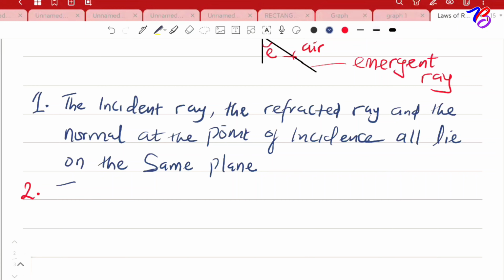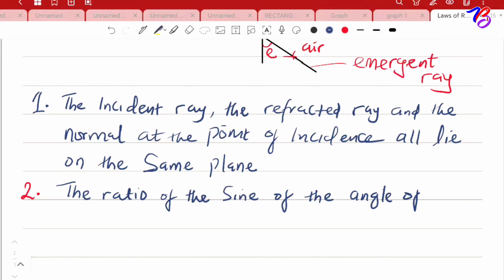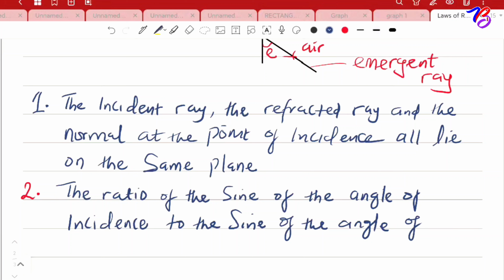Then the second law now: the ratio. Understand the word ratio means division. The ratio of the sine of the angle of incidence to the sine of the angle of refraction.